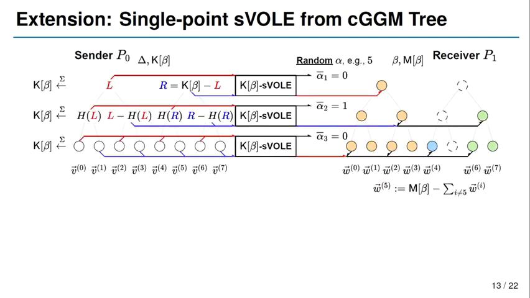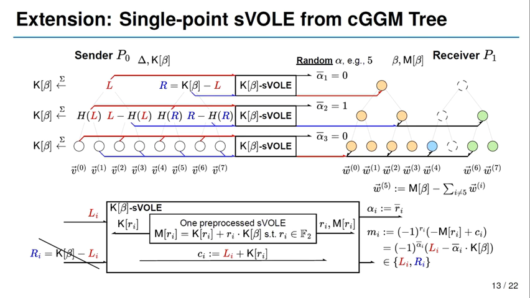And the sender constructs a GGM tree from the k-beta, using the k-beta for the global offset. And the two parties interact using k-beta SVOLE. Here, the k-beta SVOLE still selects the random alpha for the receiver, and the receiver can recover all leaf nodes except the alpha-th one.